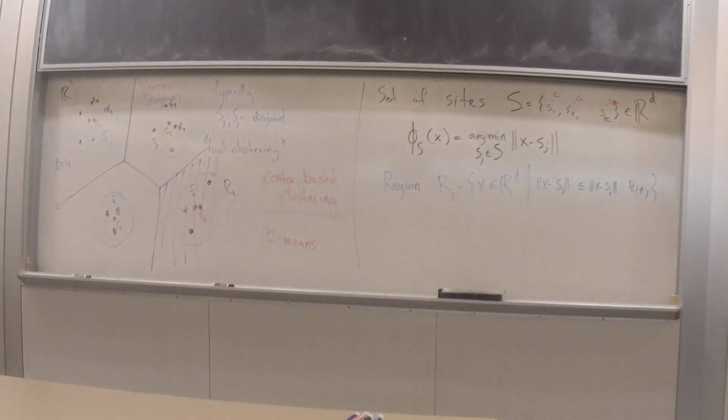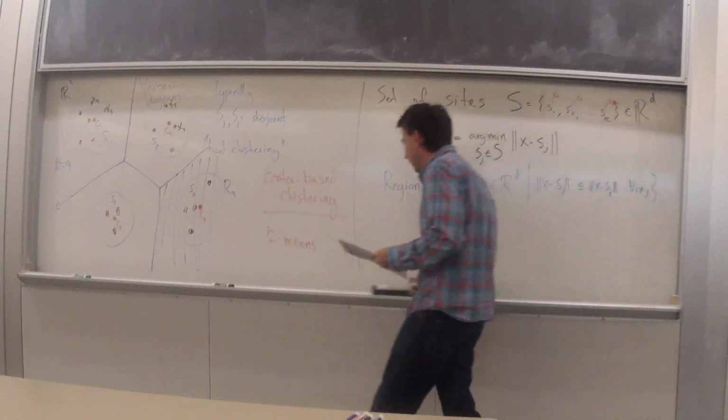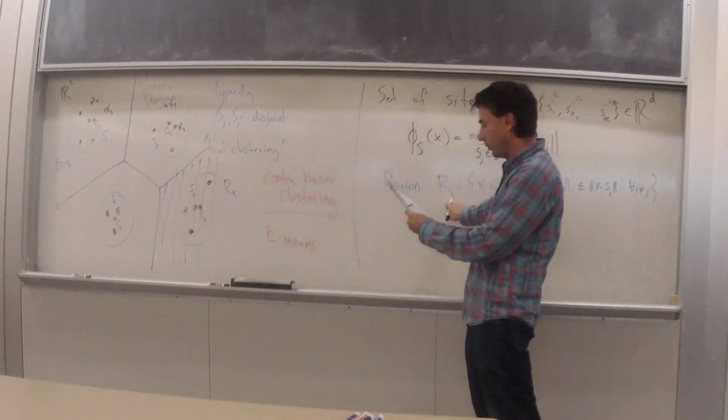So we can also define, a region has one value, j.